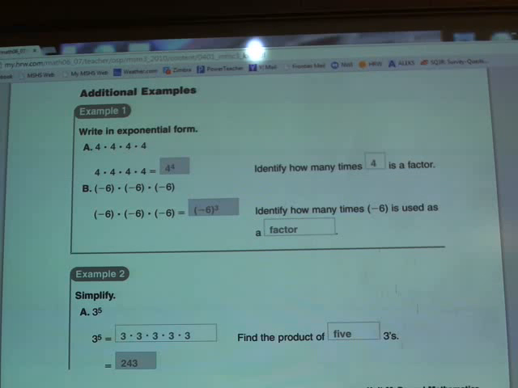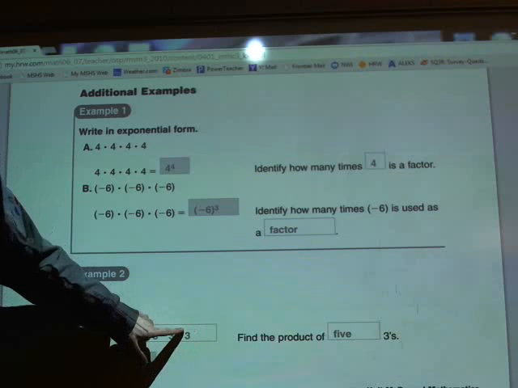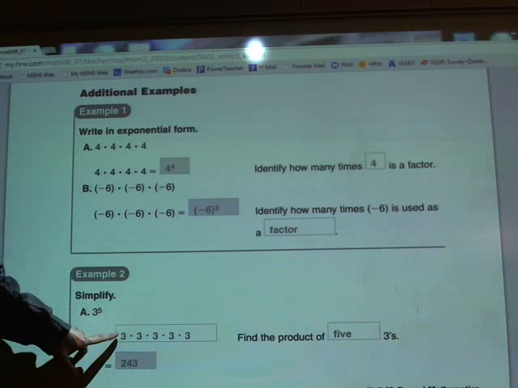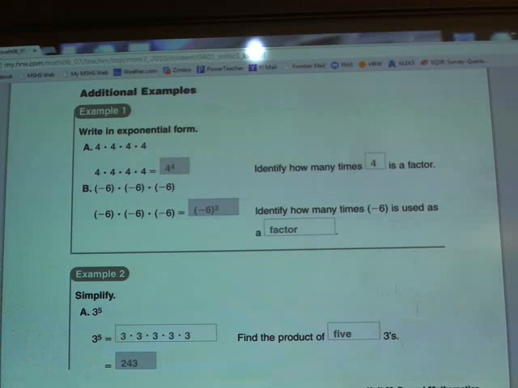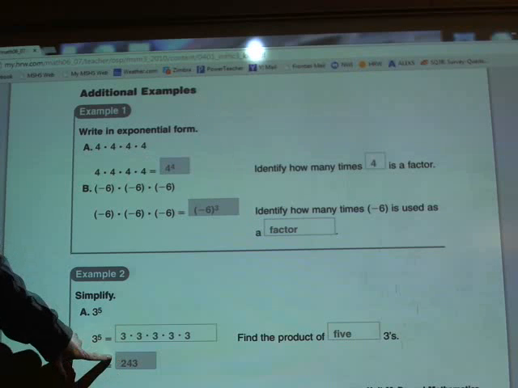We'll go down and look at the bottom here where they're asking us to take 3 to the 5th and simplify it. They're really just asking us to reverse what we've just done. We know 3 to the 5th means I'm going to use 3 in a multiplication problem 5 times, or there are 5 3's being multiplied together. So this is what it is written as a multiplication question, but this is not fully simplified because we can multiply that and come out with 243.